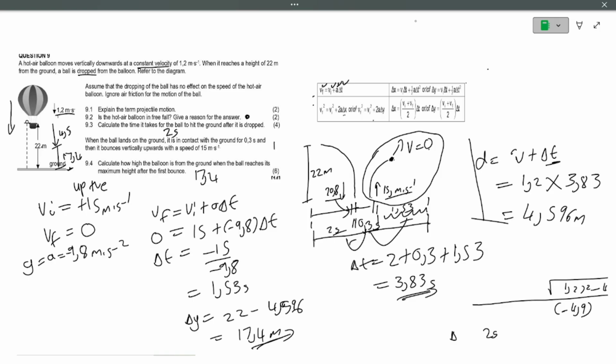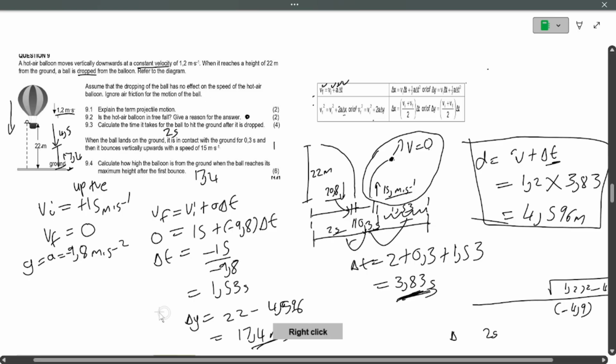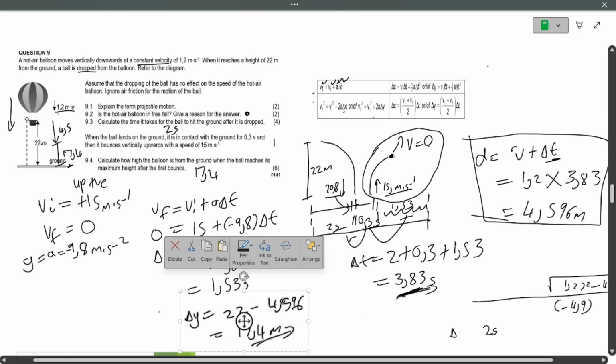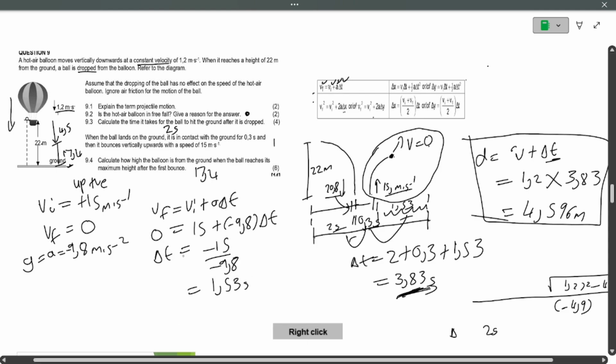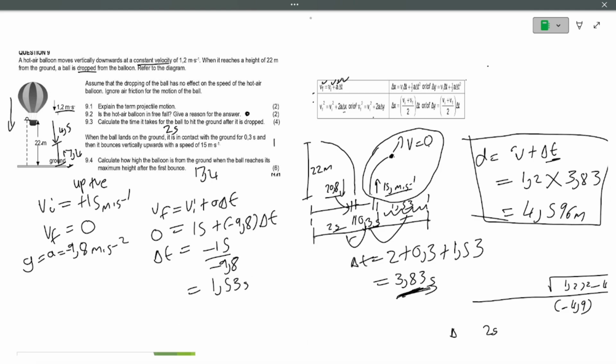But if you're not comfortable with this one, after you get this one, you can just use equations of motion to get the answer. You can just use one of these equations. Let me check which equation applies. Let's check the variables that we have.